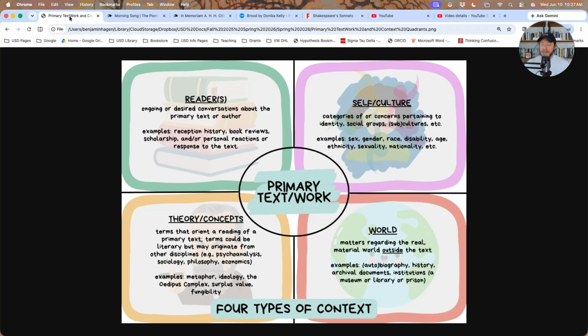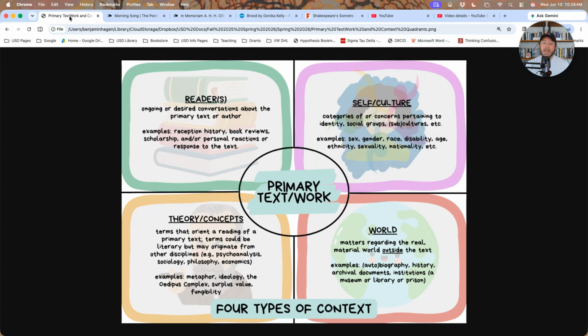So this grid I developed pretty recently to help my students think about their own interests and their own concerns when designing research projects for my classes. But I've taken to really thinking of it as a useful heuristic or a useful tool for generating ideas of where I might want to take projects of my own.